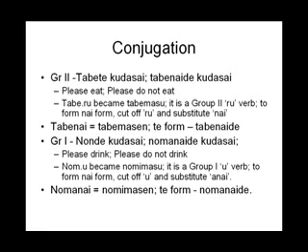Let us look at the conjugation of group 1 verbs. Nomu is a group 1 verb meaning to drink. Nonde kudasai will mean please drink. The negative of this is nomanaide kudasai, meaning please do not drink. How did this conjugation happen? Nomu is the plain form which ends with mu.